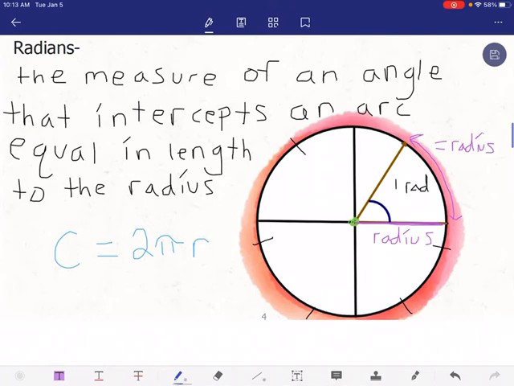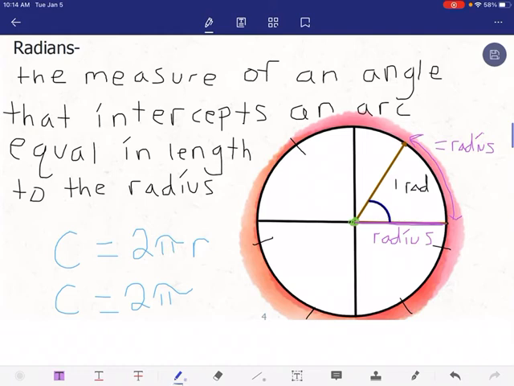Well, let's just say that we're just going to let our radius be 1. So our circumference would be 2 pi. And the reason that we can do that is because if we were to solve for the radius for any circle, because like I said, it's that pure measurement, it ends up reducing out.